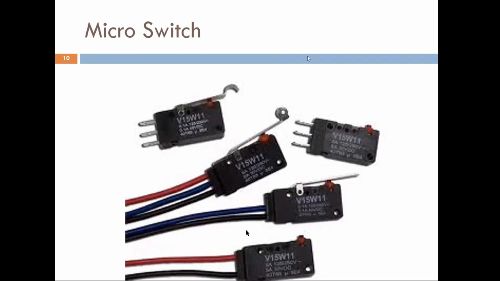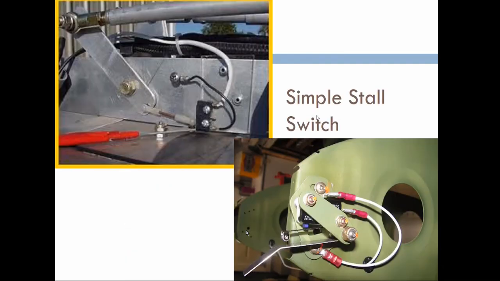So looking at this one, basically a simple stall switch. You can see this is basically the leading edge of your wing, and sticking out in the airflow is a metal tab. Airflow goes like that.